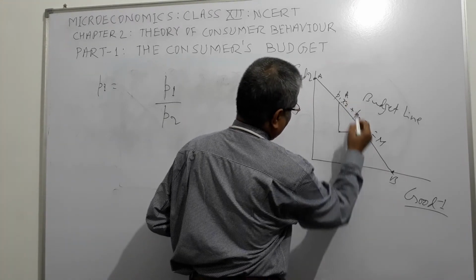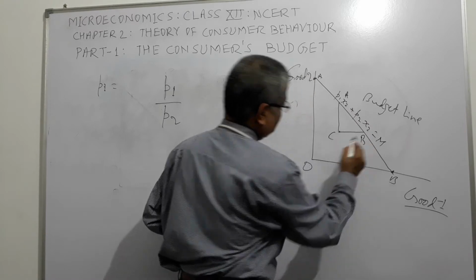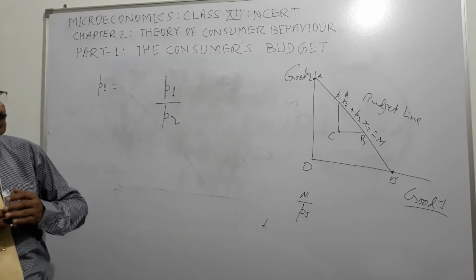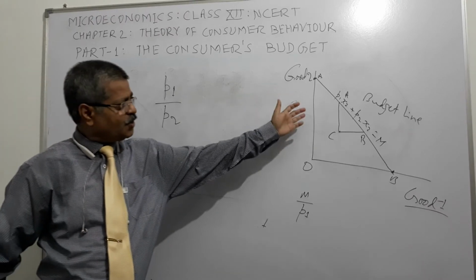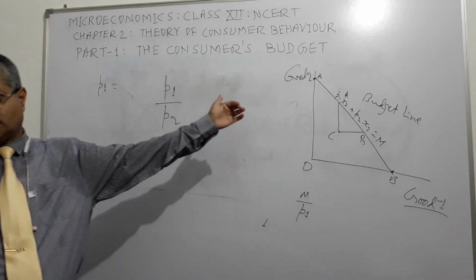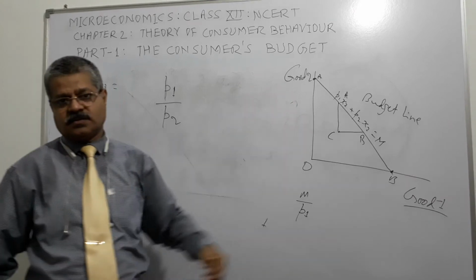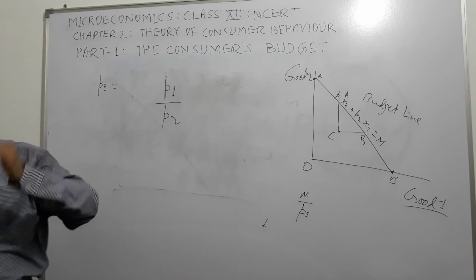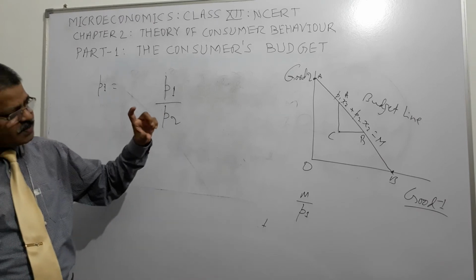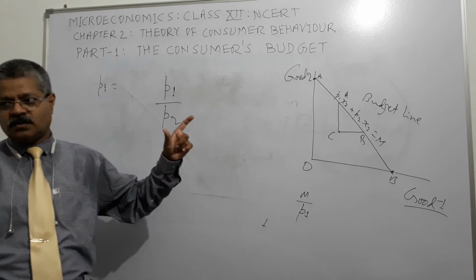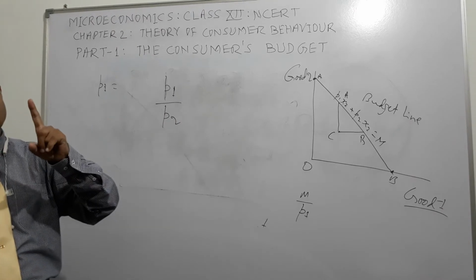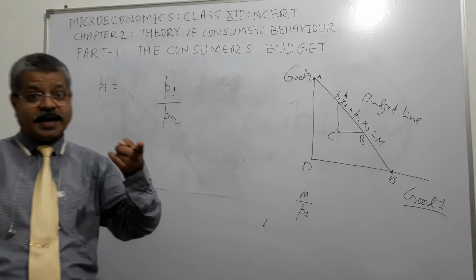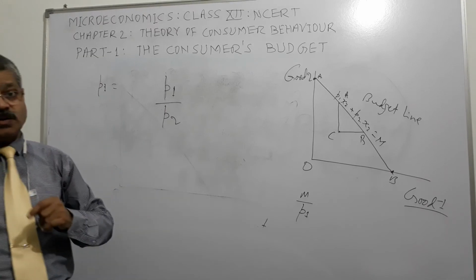This point is A, this is B and this is C. So here you will find, compared to a point below the budget line, there is always some bundle on the budget line which has more of one good and the same amount of the other good. You got my point?